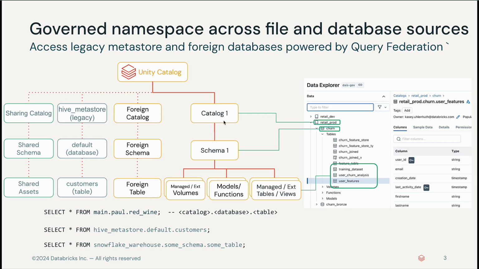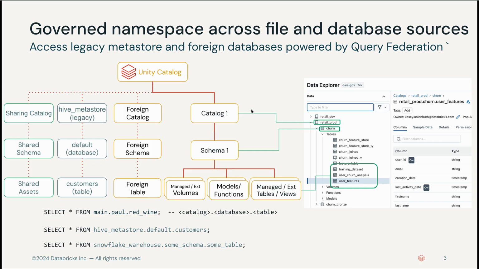In addition to the standard catalogs that you can create, you can also create foreign catalogs, which are catalogs for other systems that you'd like to create federated access to. So these could be SQL warehouses, Snowflake, Redshift, all of those systems that you'd like to see for that complete unified view.